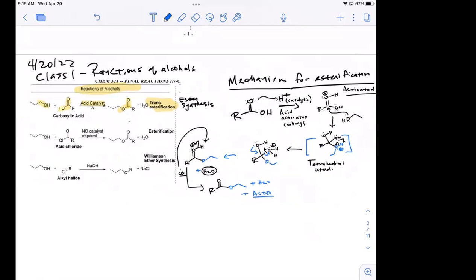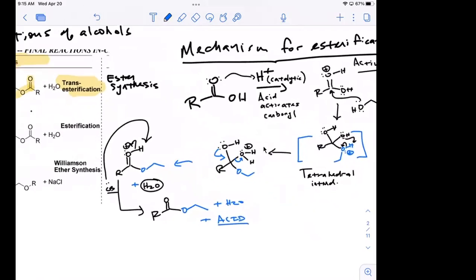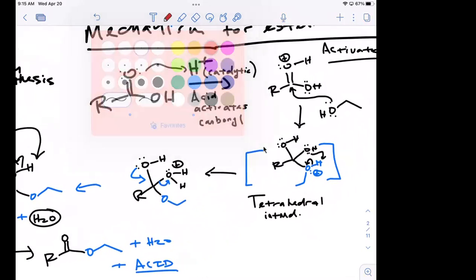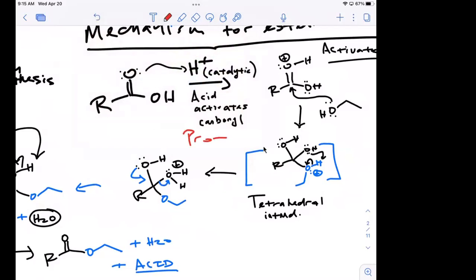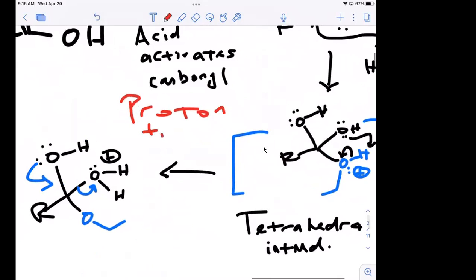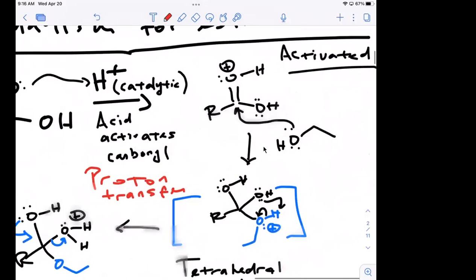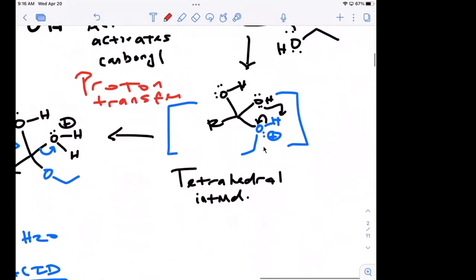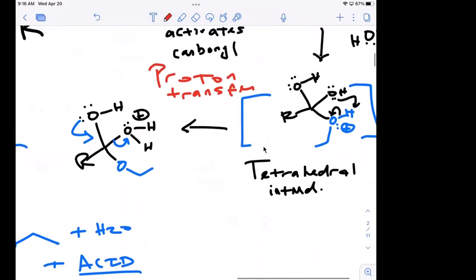It can catalyze another addition. So first you have proton transfer here. And again, this mechanism is kind of ubiquitous for these carbonyl additions. So proton transfer, and then you have addition, right? Then you have here elimination.